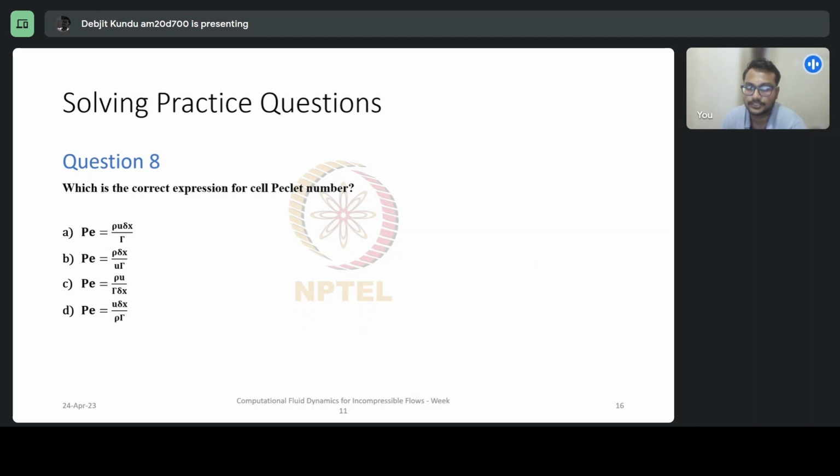Or is it option D, u delta x over rho gamma? So Peclet number was defined as the ratio of convective flux over diffusive flux.